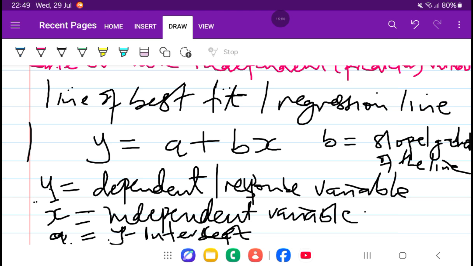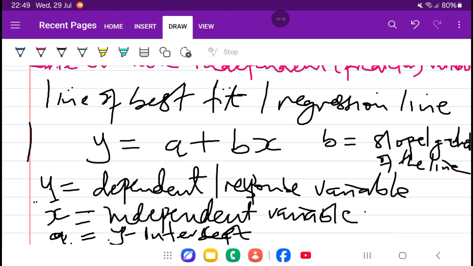Then the other differentiating feature between correlation and regression is the relationship. If we are dealing with correlation, we just look at the relationship between only two variables.